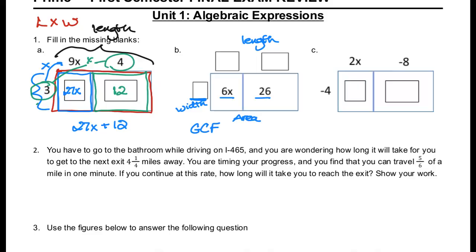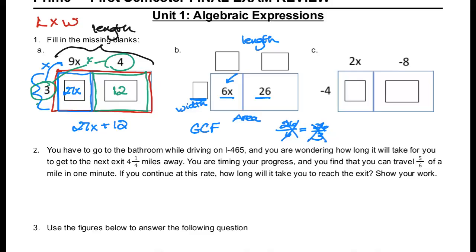You always start with your smallest coefficient. 6. Does 6 divide evenly into 26? Like, can you take 26 divided by 6 and you get a whole number? No. What's the next highest factor of 6?